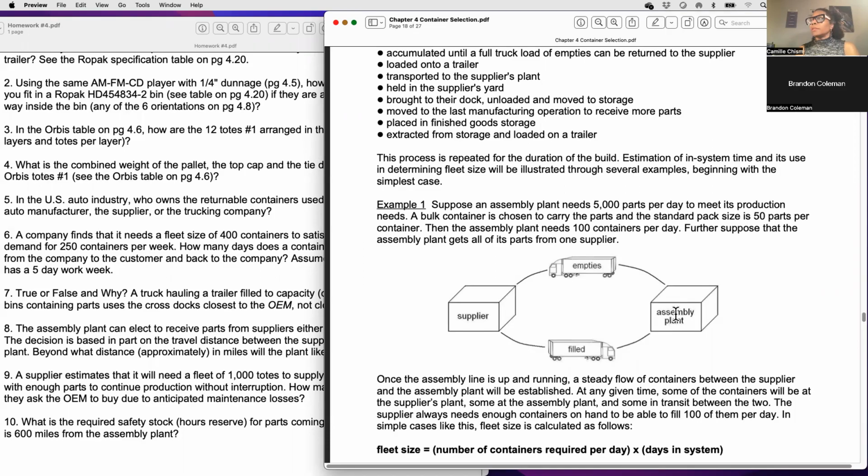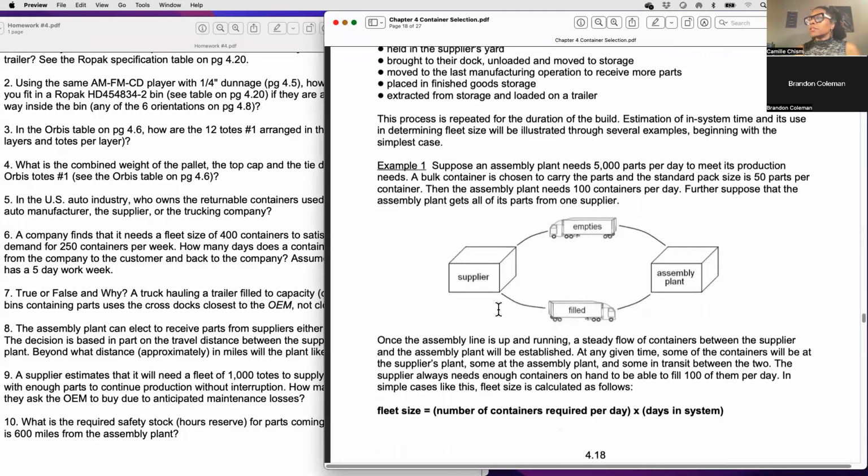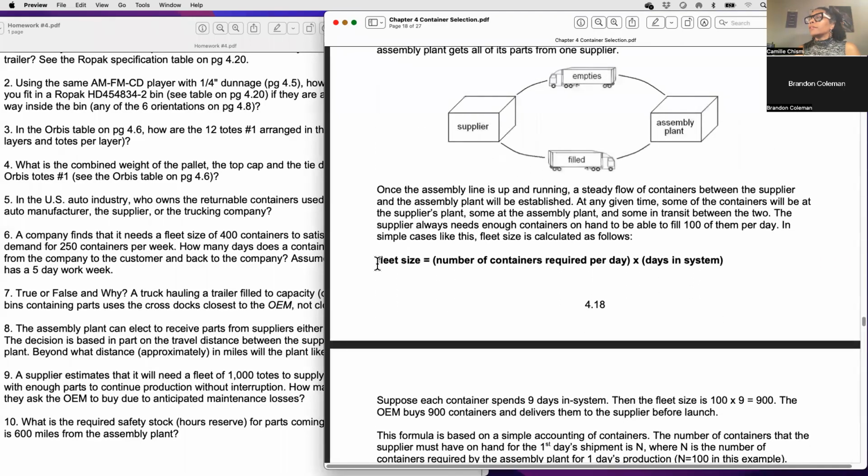It goes to the assembly plant, and then when they're empty, they get shipped back. So that's a lot of what I'll talk about tomorrow, getting into the loop. Okay, here is your calculation for the fleet size right here. So what you're going to do is plug in and solve for the unknown.